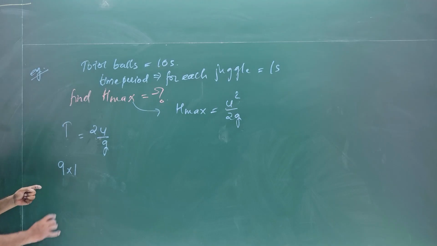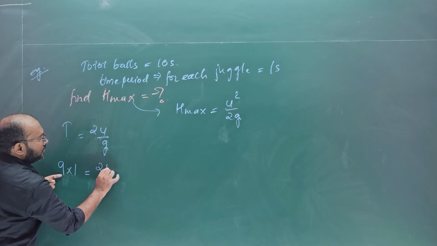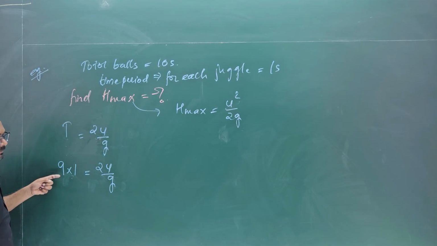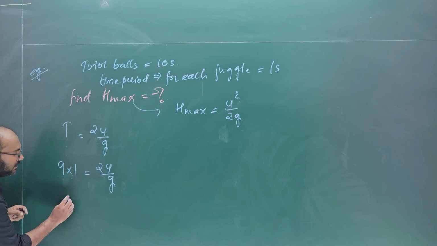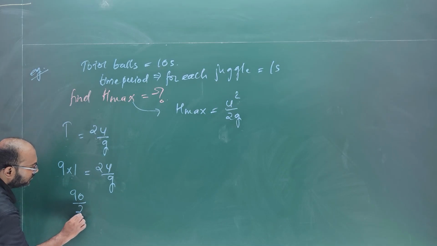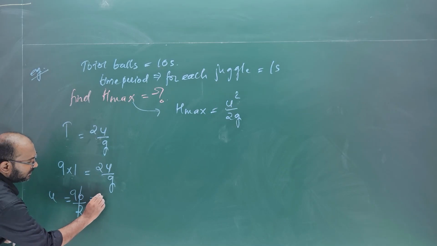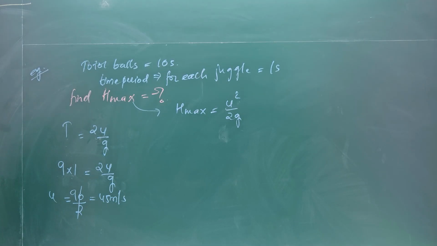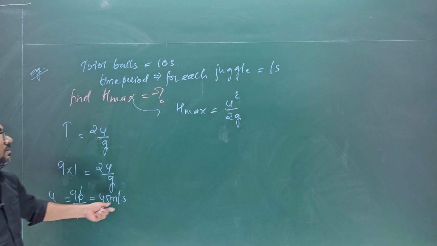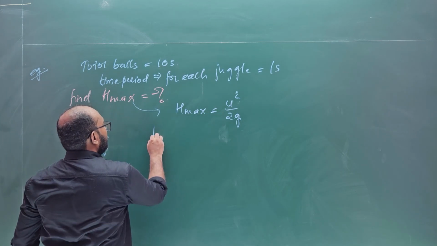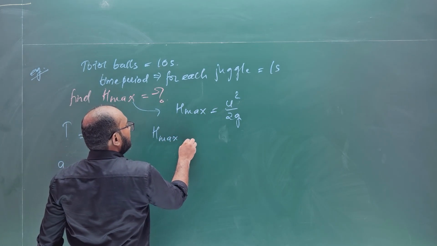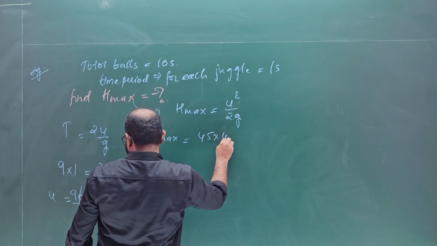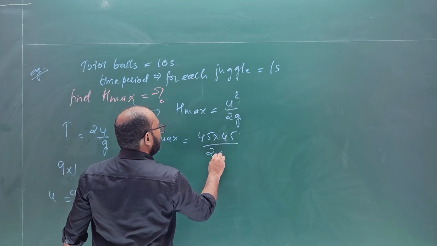I got my point. So 9 into 1 is equal to 2U upon G, or can I say 90 by 2 is nothing but U. This becomes 45 meters per second. Substituting the value of U here, H max is nothing but 45 into 45 upon 2 into 10.